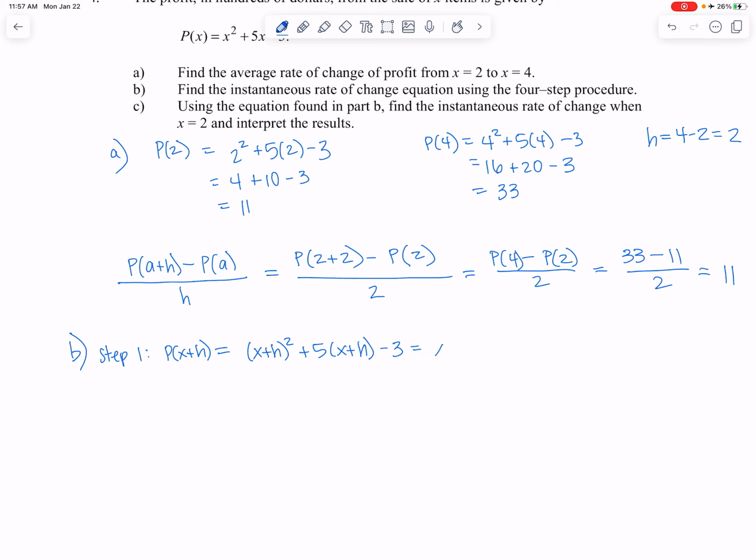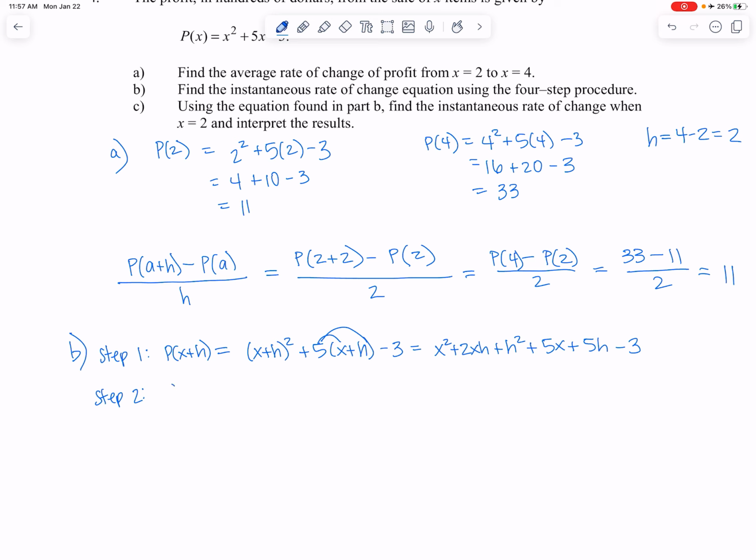Let's square it. x squared plus 2xh plus h squared. Distribute, 5x plus 5h minus 3. I don't see any like terms.